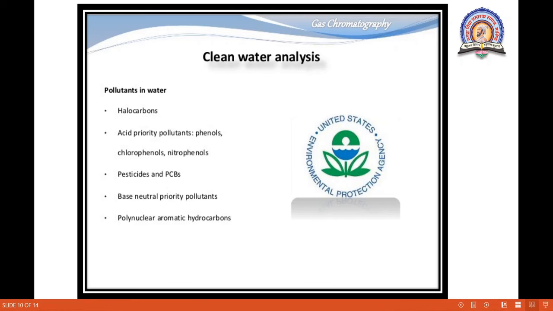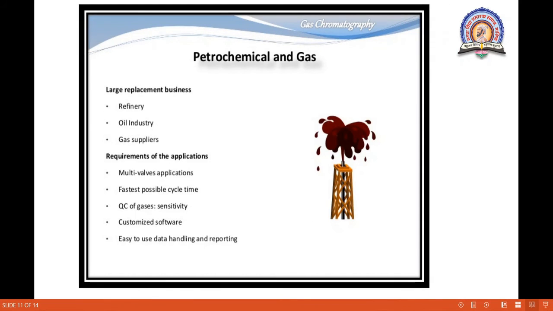Hydrocarbons, acids, phenols, chlorophenols, and nitrophenols are present as pollutants in water, and they can be identified and separated using gas chromatographic technique. Pesticides, base neutral pollutants, and polynuclear aromatic hydrocarbons are also present as pollutants and can be identified and separated using gas chromatographic technique.